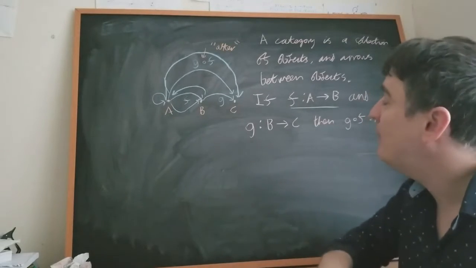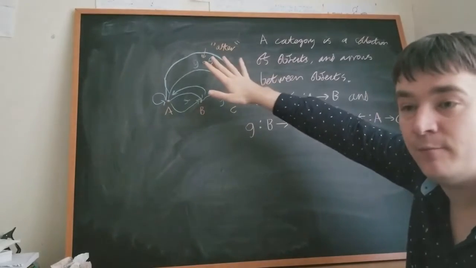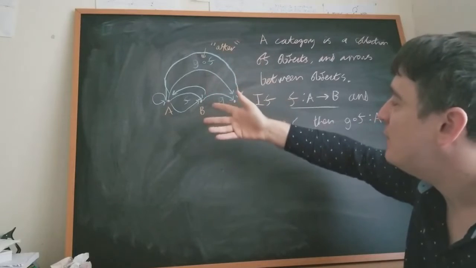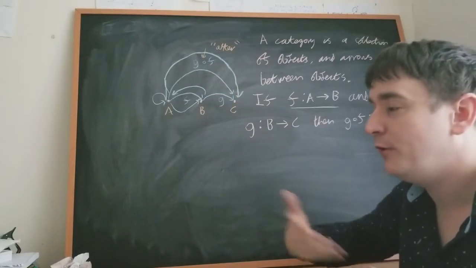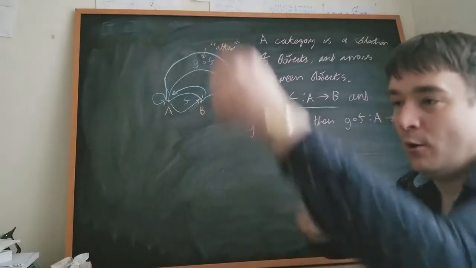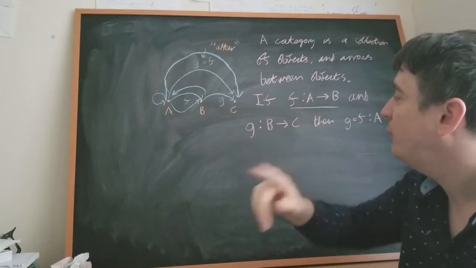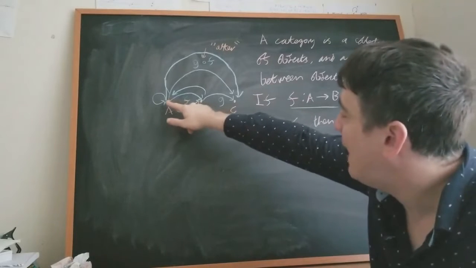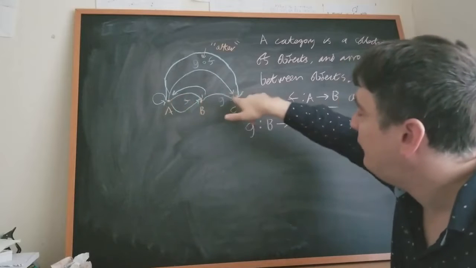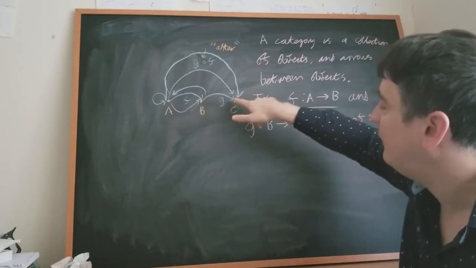I mean, often when people draw categories, they draw these sorts of network pictures, but not all the information is really shown there, because to really know what's going on in a category, you need to know which arrow compositions make which other arrows. So we have a pair of arrows like this, the destination of this one is the source of the next.